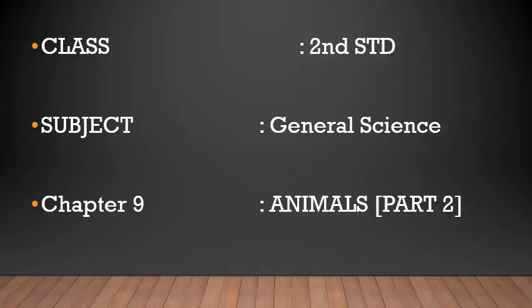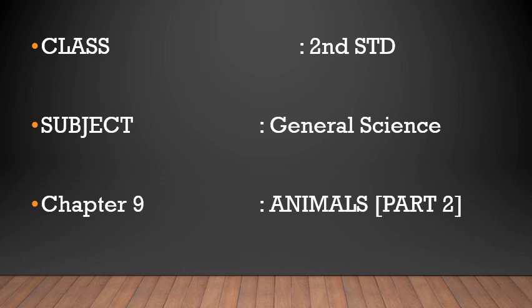The following video is for Class 2, Subject General Science, Chapter 9, Animals, Part 2. Now, in Part 1 of this lesson, we learned that different animals have different shapes. They look different. Their eating habits are different. We learned what domestic animals are and what animals live in the forest.